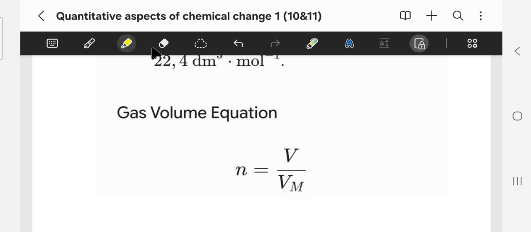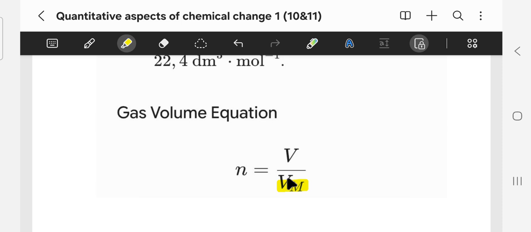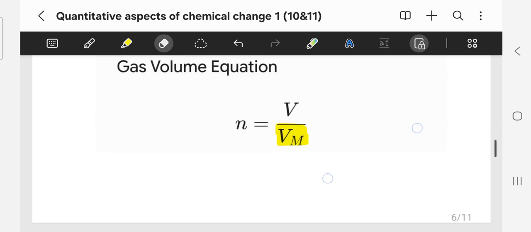The molar gas volume will always be given to you. It's a constant, so it's given to you. It's equal to 22.4. If you forget it by any chance, worry not, it's given to you on your information sheet. Now let's look at what each thing in this formula stands for.